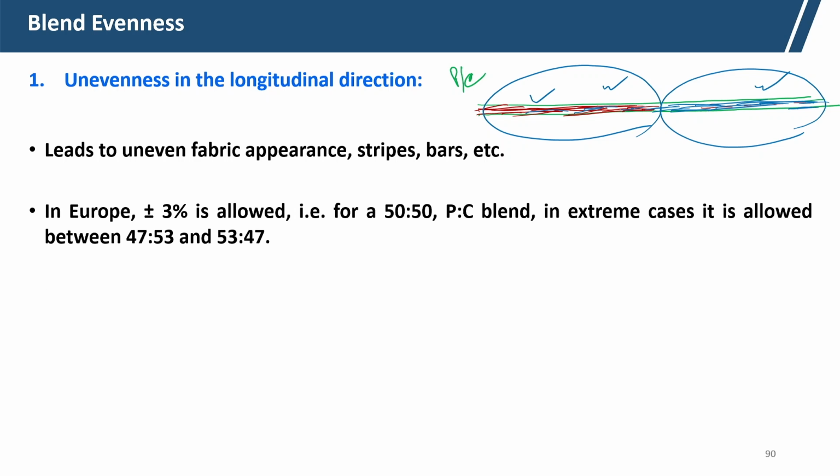But there will definitely be variation; we cannot eliminate it, we cannot have perfect blending. So, some allowance should be there. Plus minus 3% is allowed. If we have a polyester cotton blend with a 50-50 target, in the extreme case we can allow 47-53 or 53-47, plus minus 3% variability.